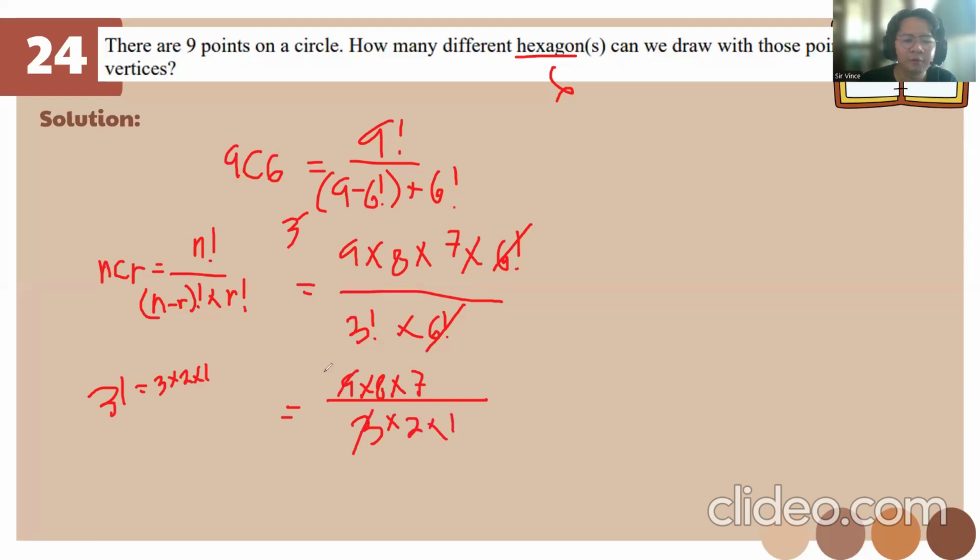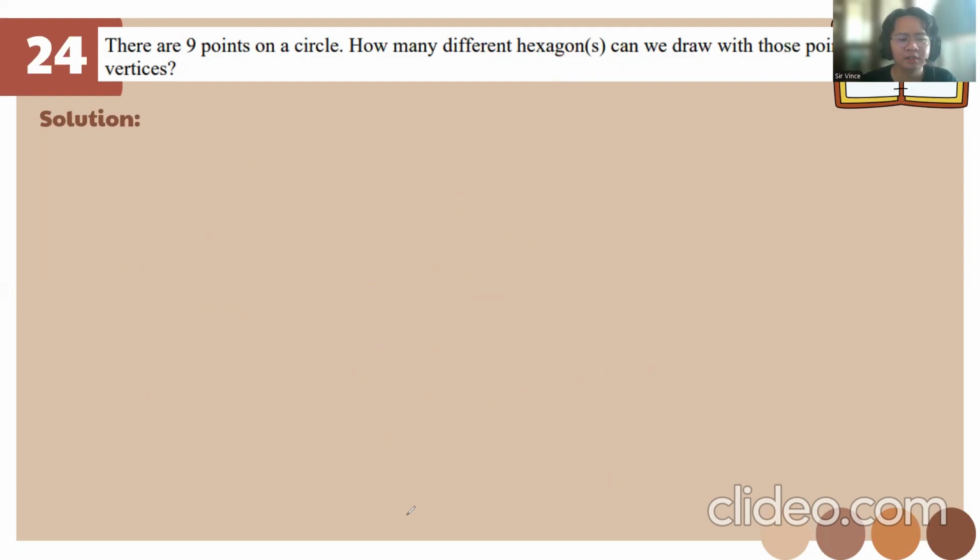So, to make it small, the denominator is gonna be 1 times 1 times 1, and we'll be left with 3 times 4 times 7. Okay? Now, 12 times 7 is equal to 84. Oh, sorry, sorry. Are we good on that?